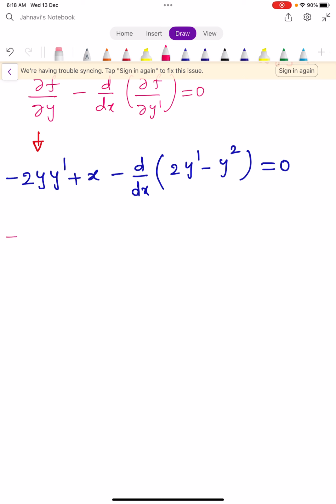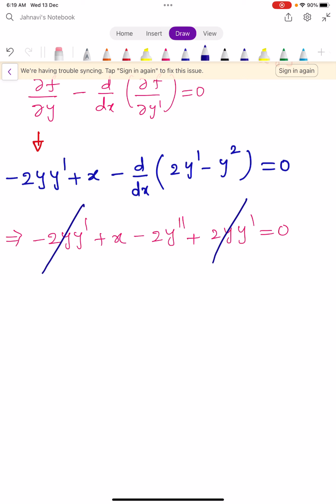Now continue the calculation. Minus 2y y dash plus x, and again you are differentiating with respect to x. So this becomes 2y double dash plus 2y y dash is equal to 0. The first and last terms are the same, so they get cancelled.